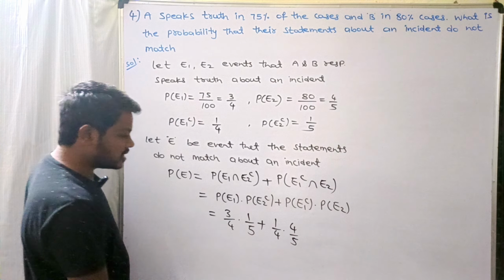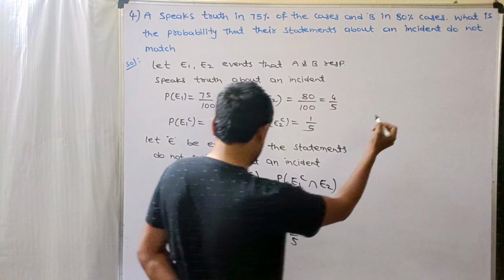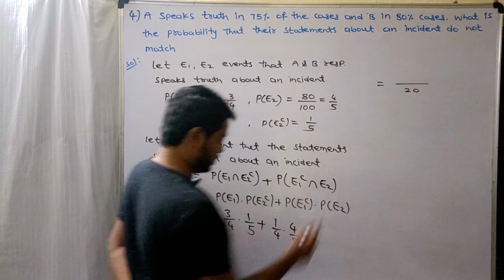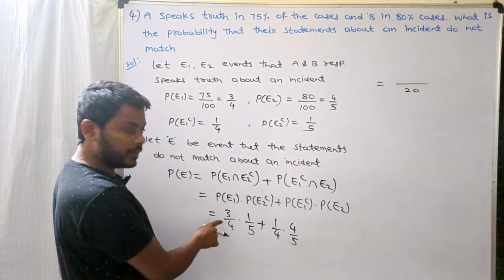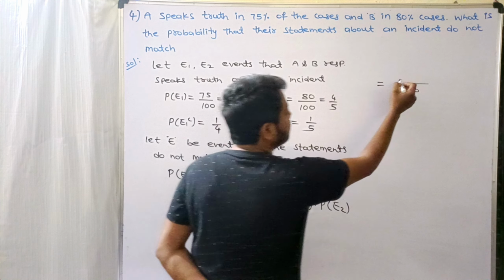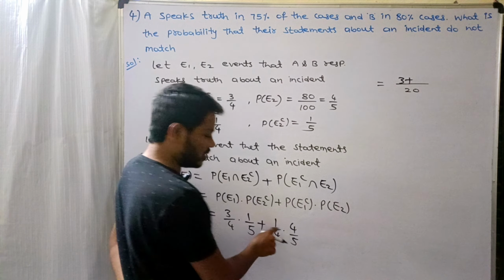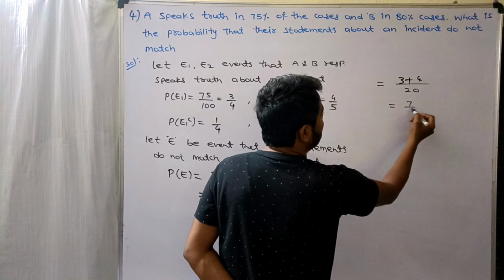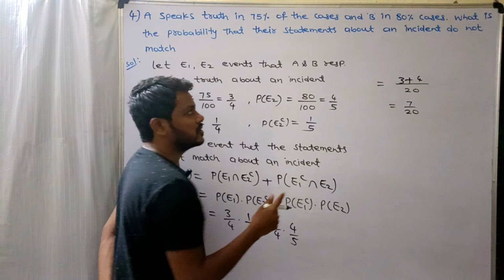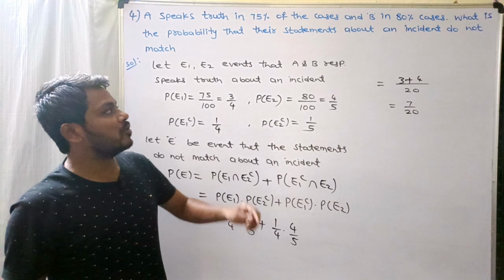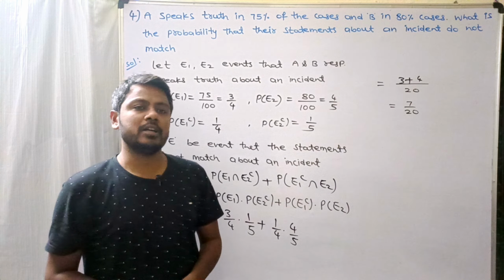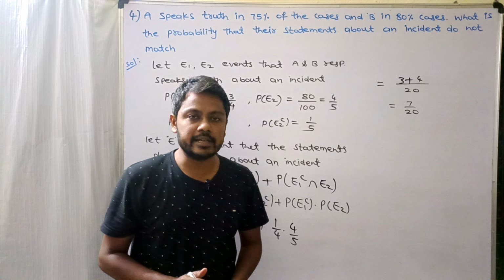So clearly what is the LCM here? 20 is the LCM. Multiplying the numerators, 3 into 1, 3, plus 1 into 4, 4. Clearly which is 7 by 20. So 7 by 20 is the required probability that the statements do not match about an incident.